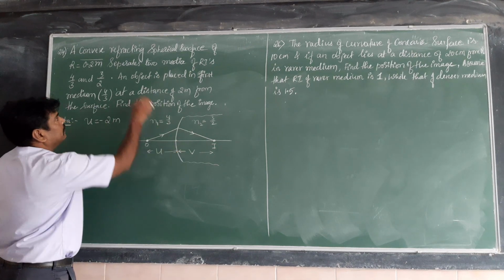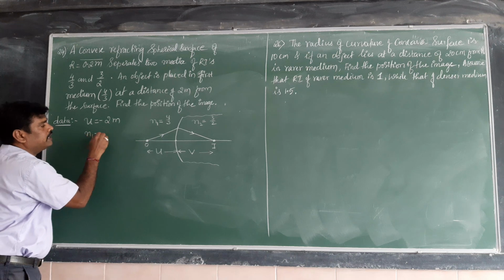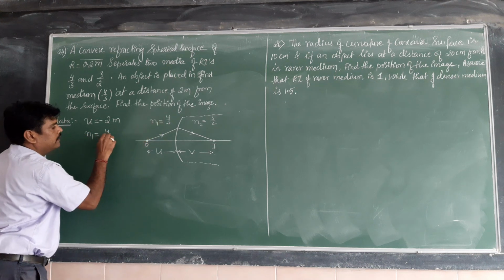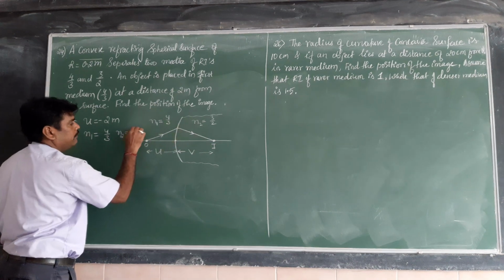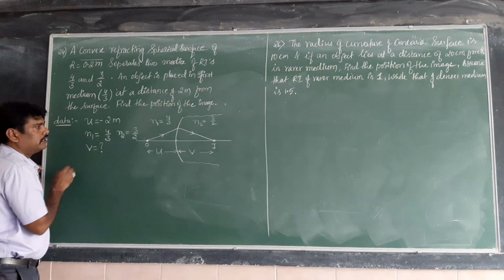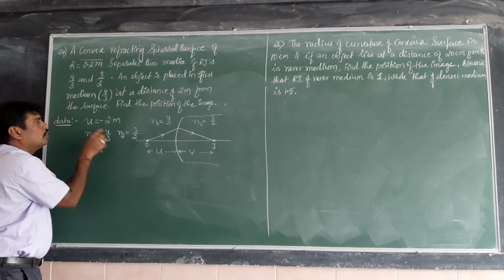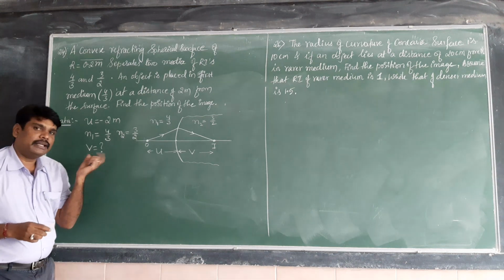Next, the refractive indices are given. The refractive index of the first medium is N1 equal to 4 by 3. The refractive index of the second medium N2 is equal to 3 by 2. We need to find the image distance. If the refractive indices and object distance are given, we can easily find the image distance.